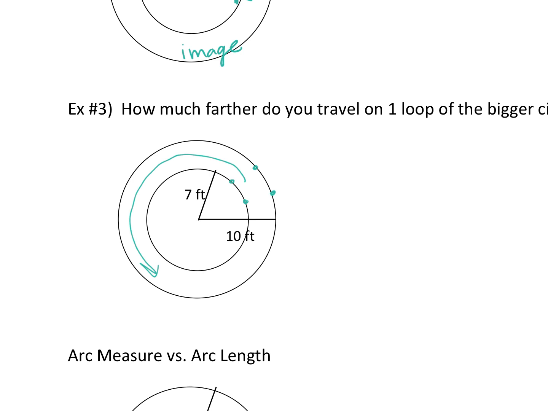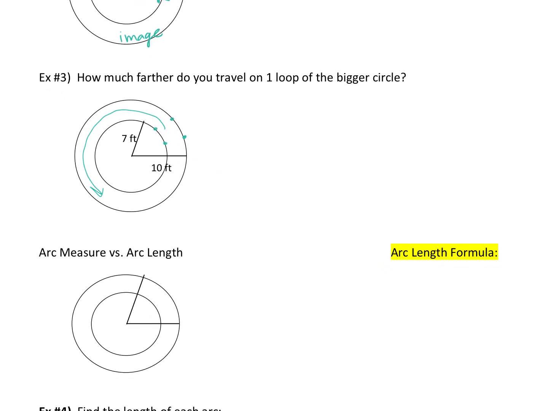Which set of tires will wear out faster? The inside or the outside? Which one drives further in one circle? The outside. If I drive in a circle, my outside tires have to travel farther, so the outside would be wearing out sooner. So here's the question: how much farther would those tires travel on the outside loop than on the inside loop?